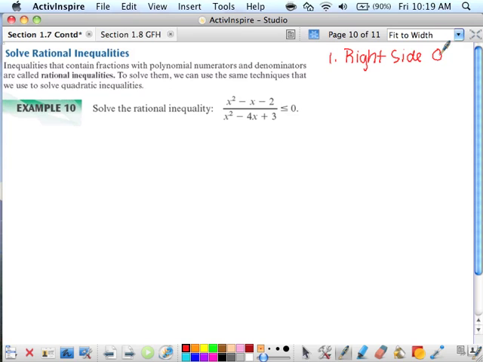When we solve a rational equation, we multiply both sides by the least common denominator to make the denominators disappear. You are not allowed to do that with rational inequalities. You are never allowed to multiply through by a variable with an inequality. What you have to do instead is obtain an LCD. You have to get a least common denominator on the left side.